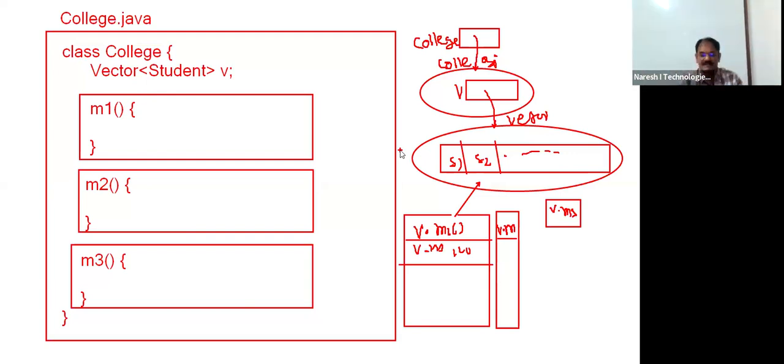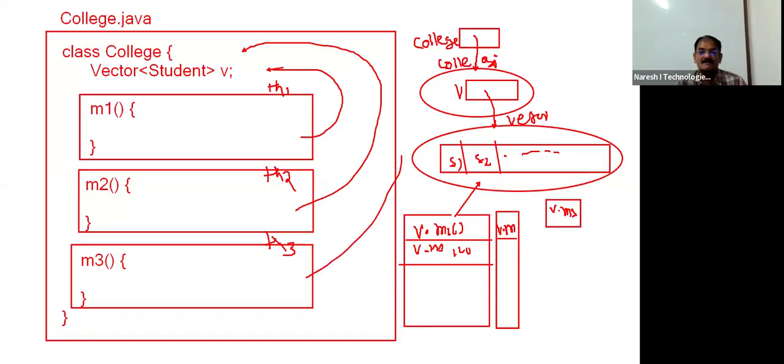Multiple threads means this application is multi-threaded or single-threaded? Multi-threaded. M1 is called in thread 1, M2 in thread 2, M3 in thread 3. Are all three threads accessing different objects or the same object? The same object. Then this kind of application is a multi-threaded application.